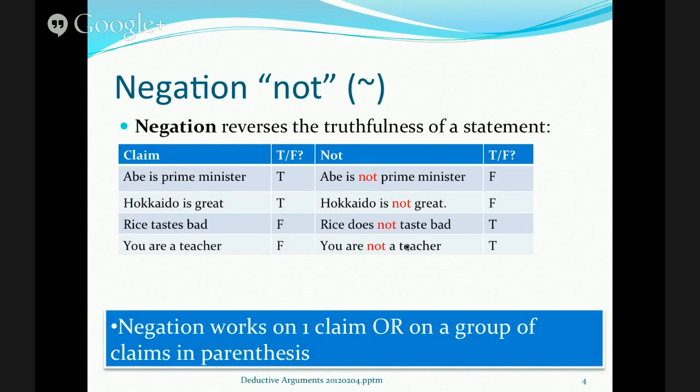Right now, you're not a teacher, so this is false. But if we say you are not a teacher, this is true. So negation works either on one thing or on a group of things that are joined in some other way. I will explain what I mean by joined in some other way in the next couple of slides.